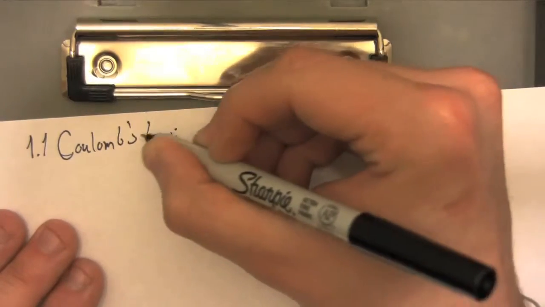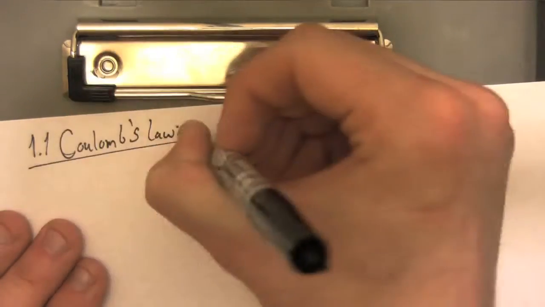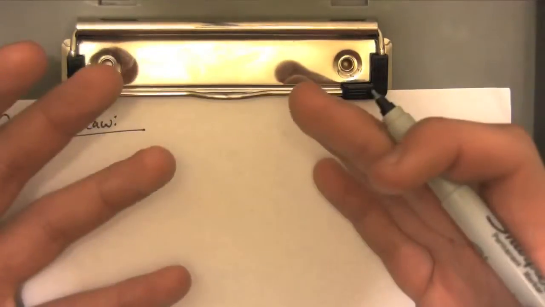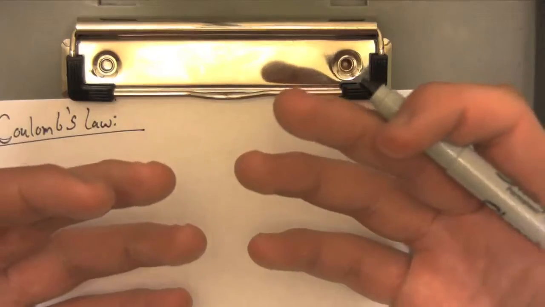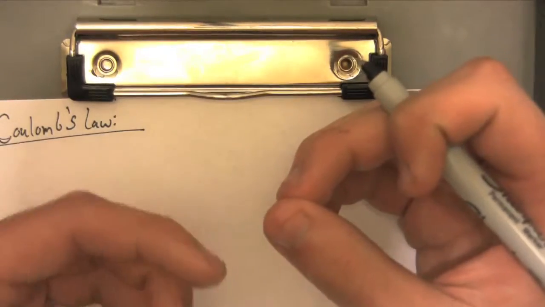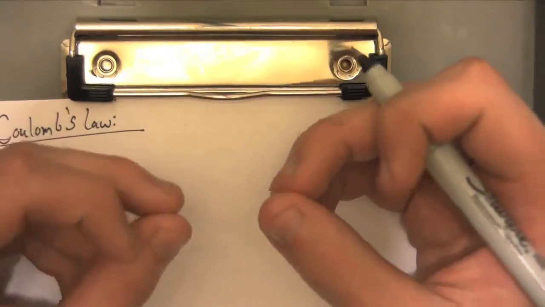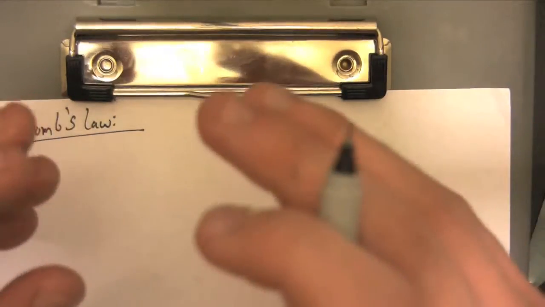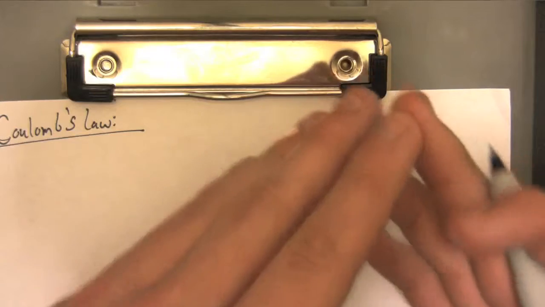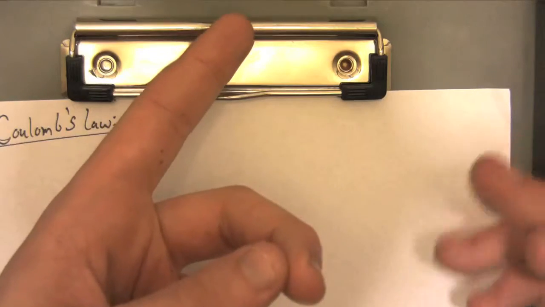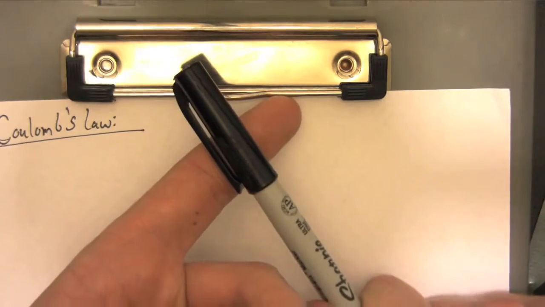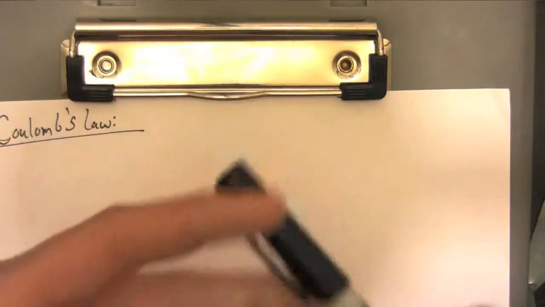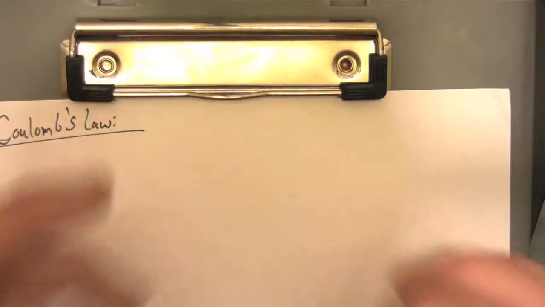Coulomb's law, just to be explicit, might as well write it out. Coulomb's law pretty much states what I just said. If you have 2 charges, or even more, there's going to exist a force between them. More specifically, that force is directly proportional to the product of the 2 charges themselves, and inversely proportional to the square of the distance between them.